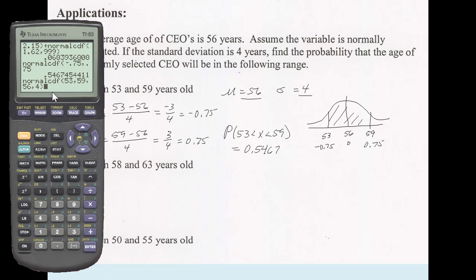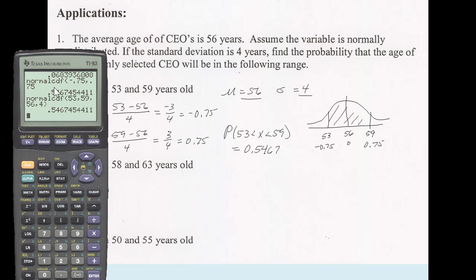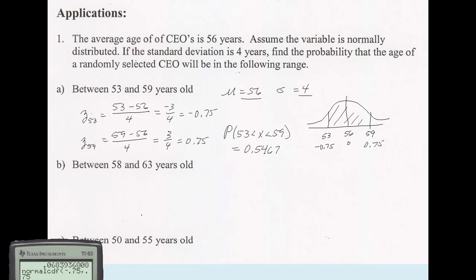It will reevaluate these numbers, and it gives me 0.5467. It gives me the same answer. But I have to force the calculator to do that by entering the numbers given in the problem. So that's a way to use the calculator to save yourself a little bit of work. But if you do that and you make a mistake, then I have nothing to grade.